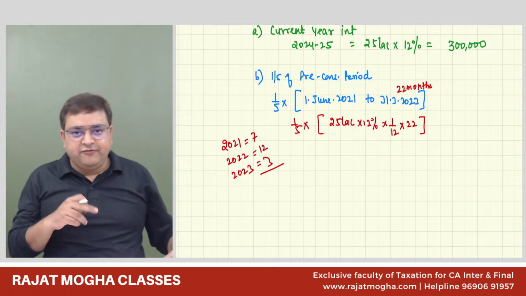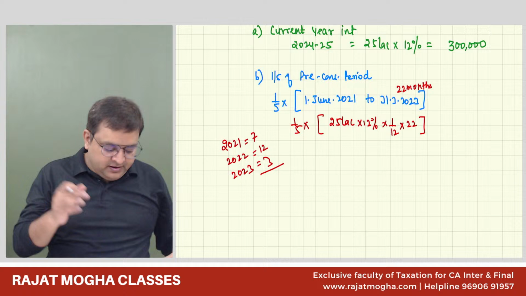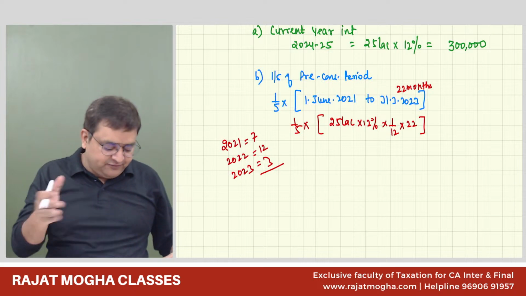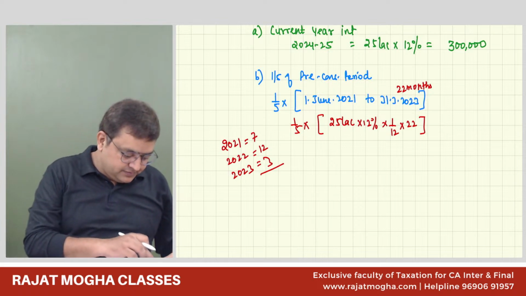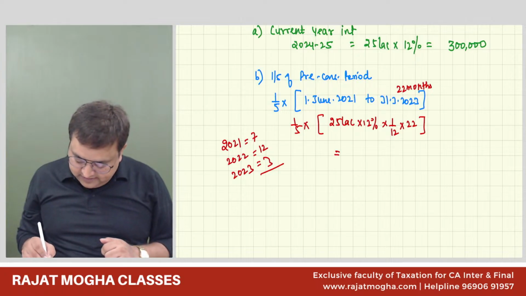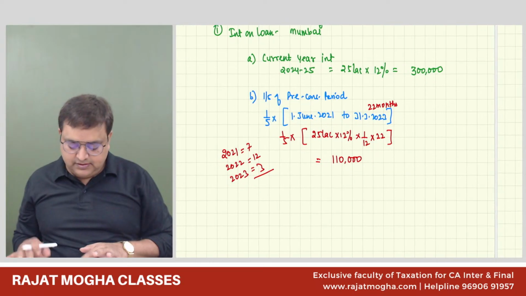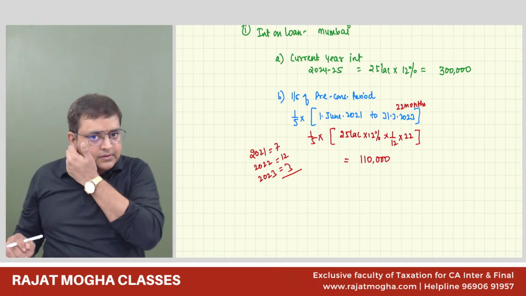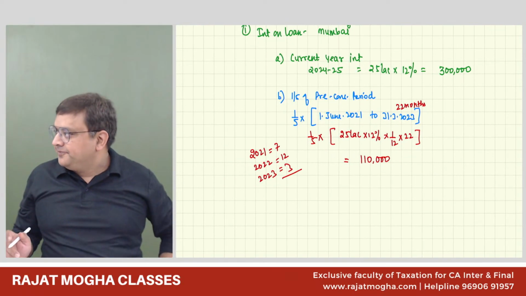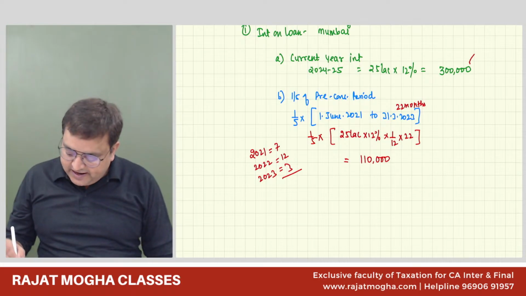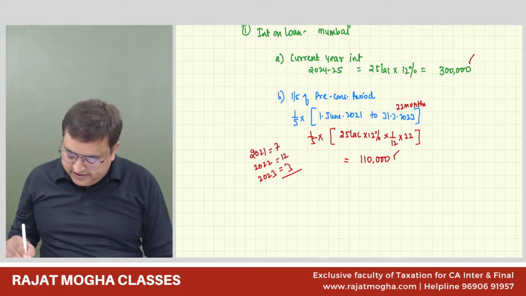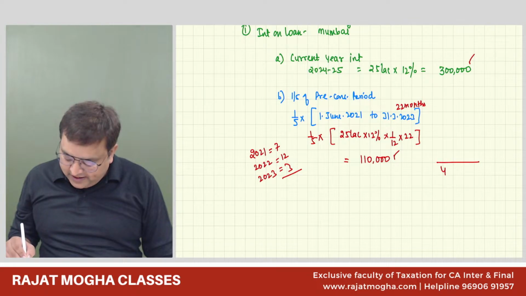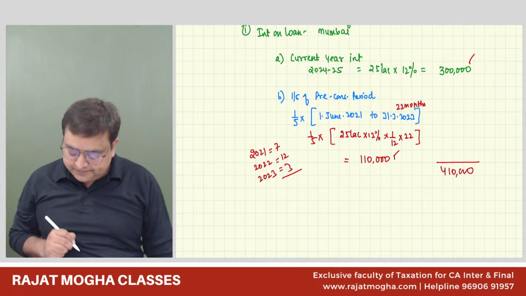So you are getting 5,50,000 divided by 5, because it is in 5 equal installments. Guys, is it 1,10,000? Okay, good, Sugandha. So 3 lakh here, 1,10,000 here. So total it is 4,10,000, guys.